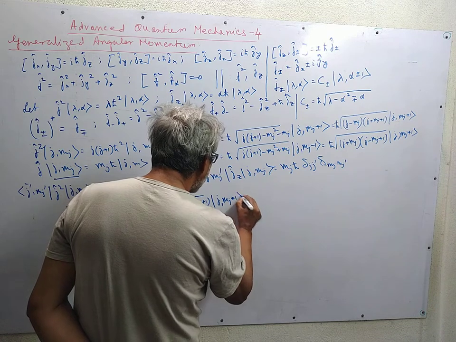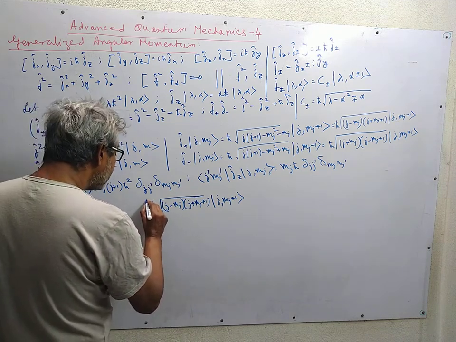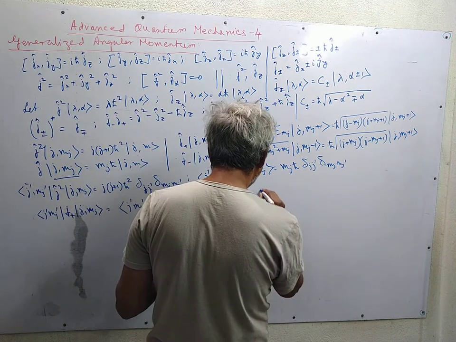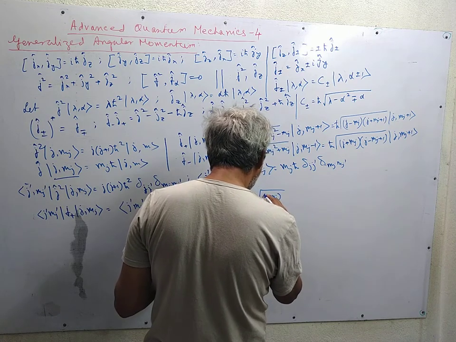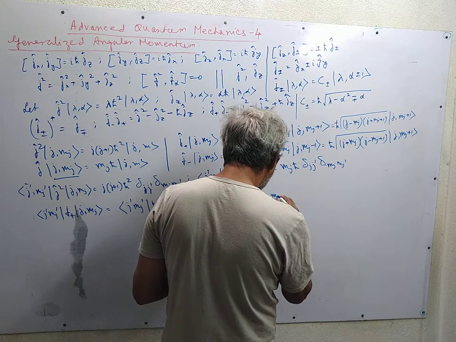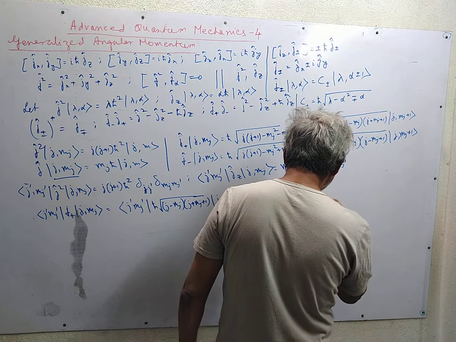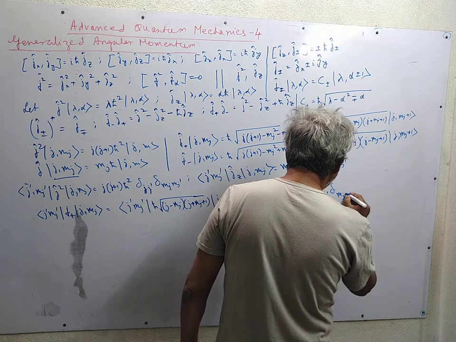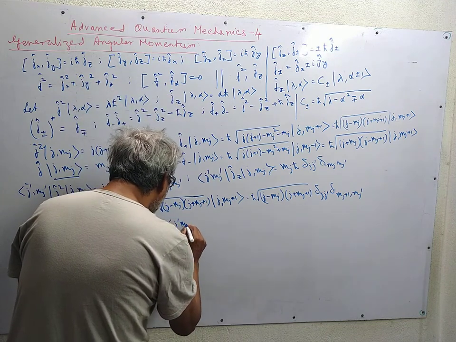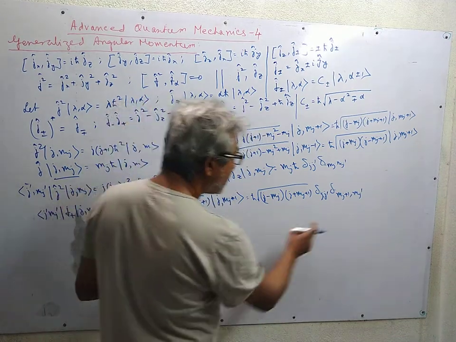When we take the inner product with <j' mj'|, taking the scalar part out, finally the dot product is <j' mj'|j mj+1>, so the delta function is delta jj' and delta mj' with mj plus 1.